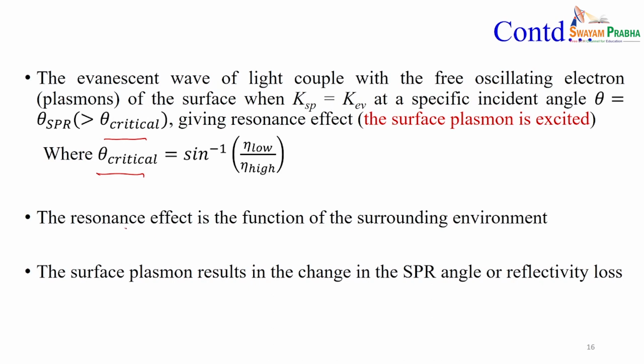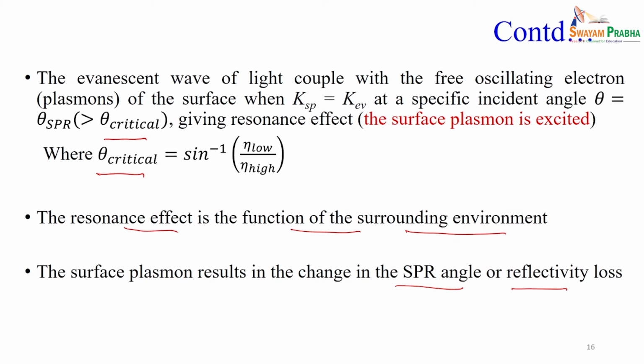Again, this resonance effect also depends on the surrounding environment. It may be the buffer you are taking, the temperature, the ionic strength, which is ultimately going to affect the property of the adsorbed layer. And whenever there is adsorption, we are going to observe a change in the SPR angle or the reflectivity loss.